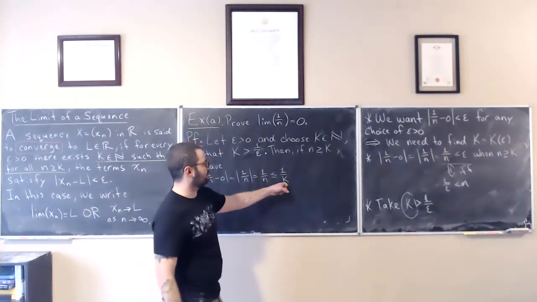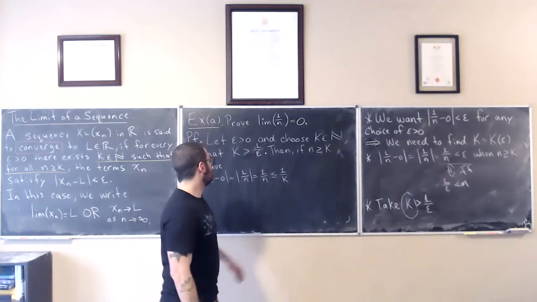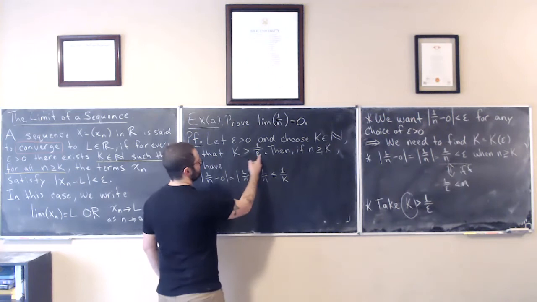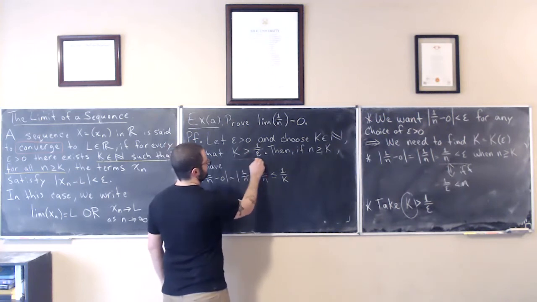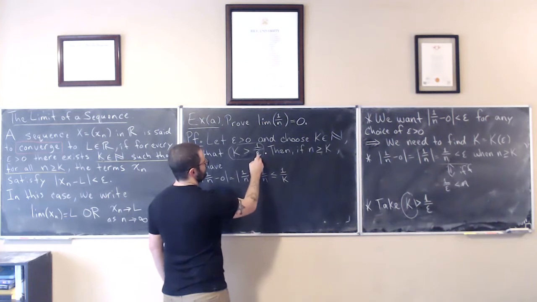Because n is greater than or equal to k, when you divide by a bigger number, you have something smaller, right? But notice here, under this assumption, if k is greater than 1 over epsilon, then epsilon is strictly greater than 1 over k.